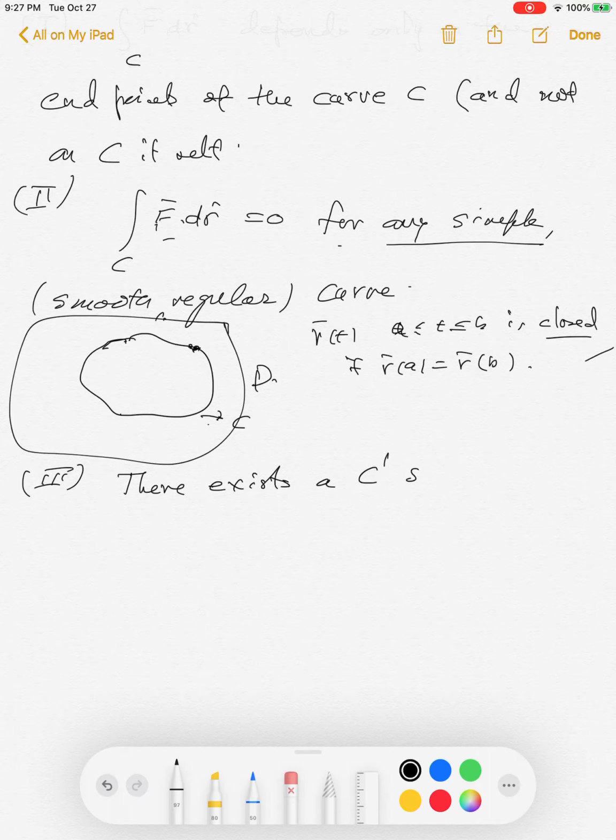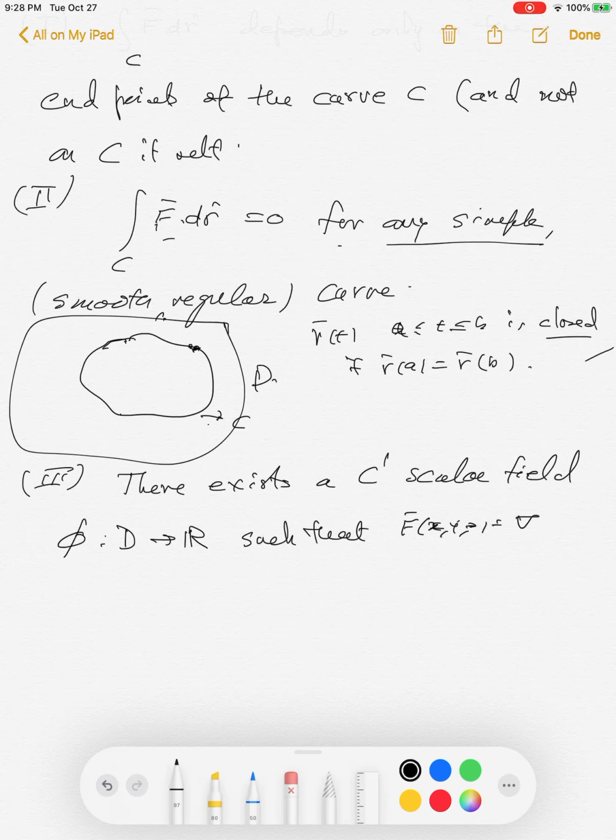So there exists a C1, C1 meaning of class C1, that means its partials of first order are continuous, so a C1 scalar field phi from D to R such that f bar is the gradient of phi.